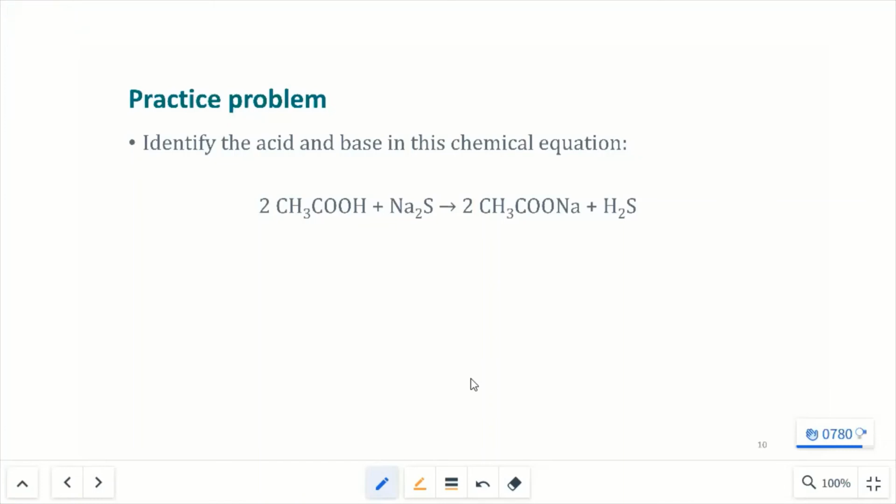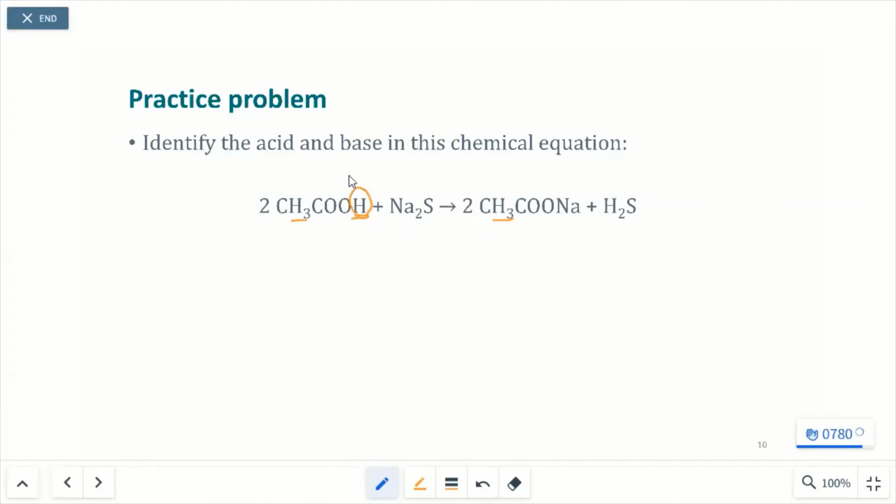Now, to do that, what we have to do is track the hydrogen. So we've got two sources of hydrogen, both in the same molecule here. If I look on the other side, I can see that those hydrogens haven't moved. So it's not the hydrogens in the CH3 that we need to monitor. It's this hydrogen right here.